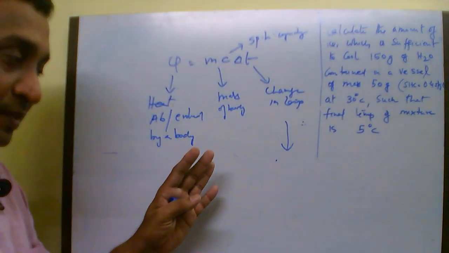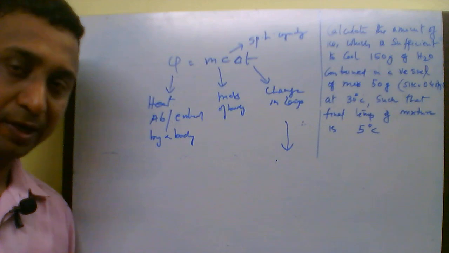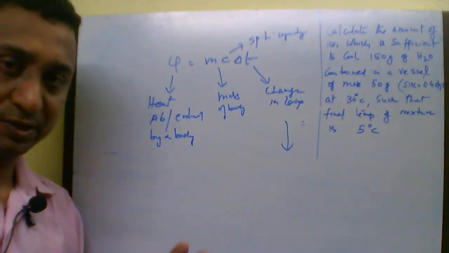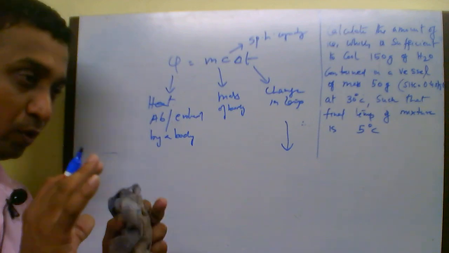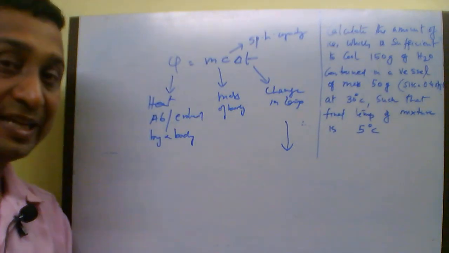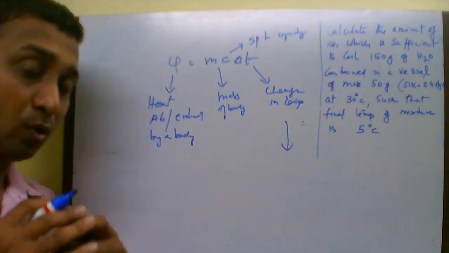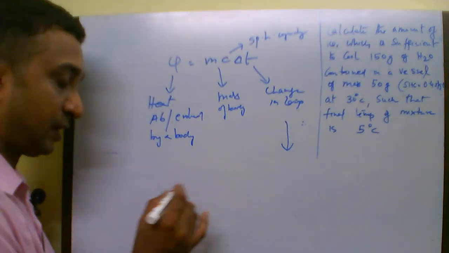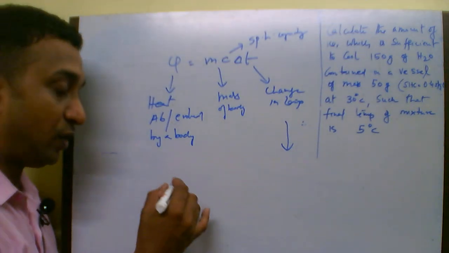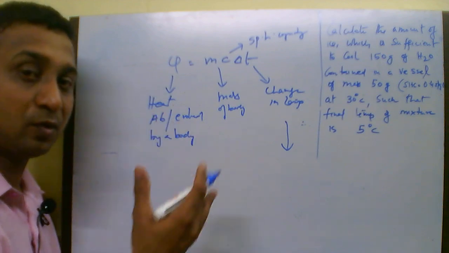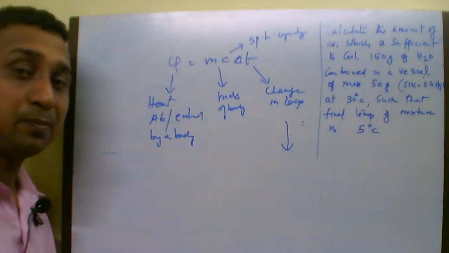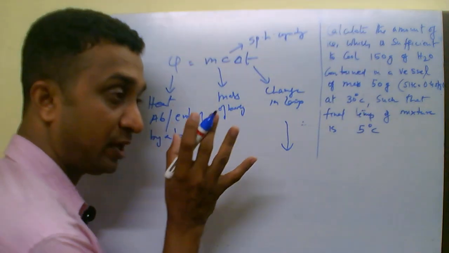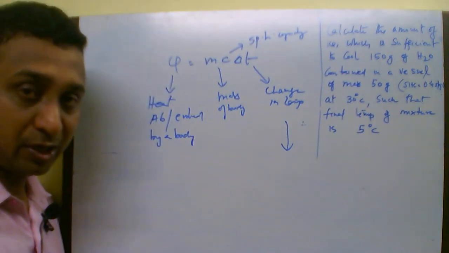Before that, there is a principle called the principle of calorimetry, which tells you how the heat is being transferred. If you close down all other ways through which heat can be transferred to the surroundings, then if two bodies are intermixed, one body at a higher temperature which has more heat and another body at a lower temperature, obviously heat will flow from the body at a higher temperature to the body at a lower temperature.